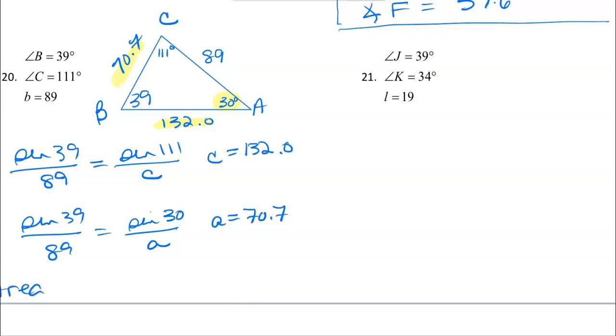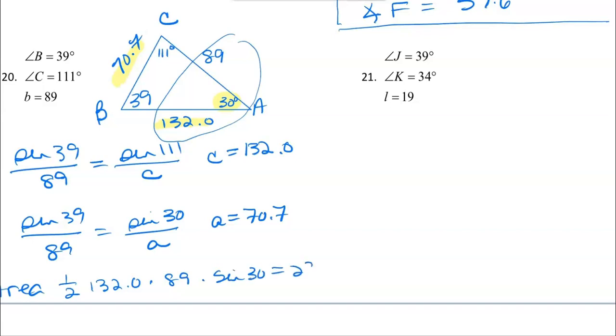So what I did was 132, I did this little pairing here. I tend to use the right corner for some reason. So I said my area equals 1/2 times 132 times the 89 times the sine of 30, and I got an area of 2937. Okay, so that's done, and now let's go to the next one.